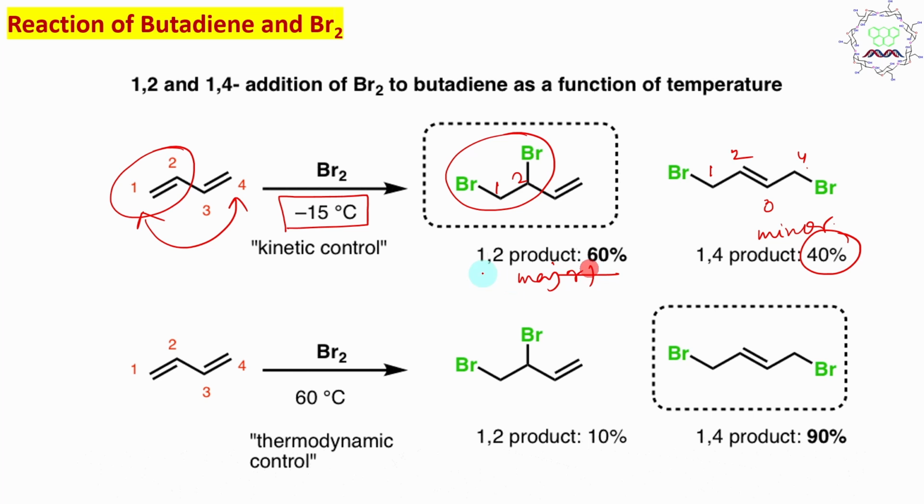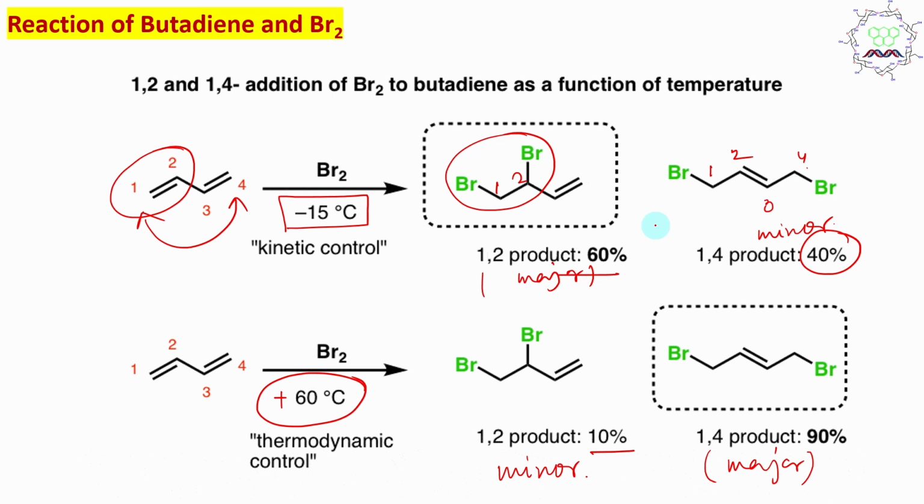Now if you change the reaction condition, if you increase the temperature from minus 15 to plus 60 degrees centigrade, the 1,2 product becomes 10%, so it is the minor product, whereas the 1,4 product is 90%, so it is the major product. So the temperature decides which product will be the major product.